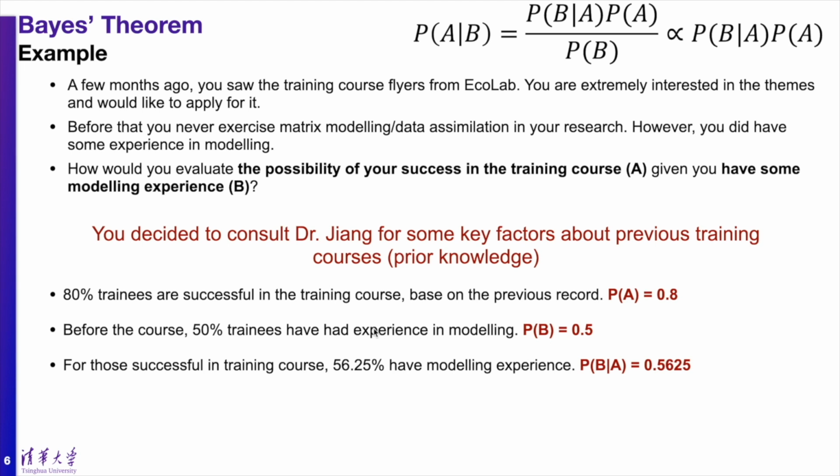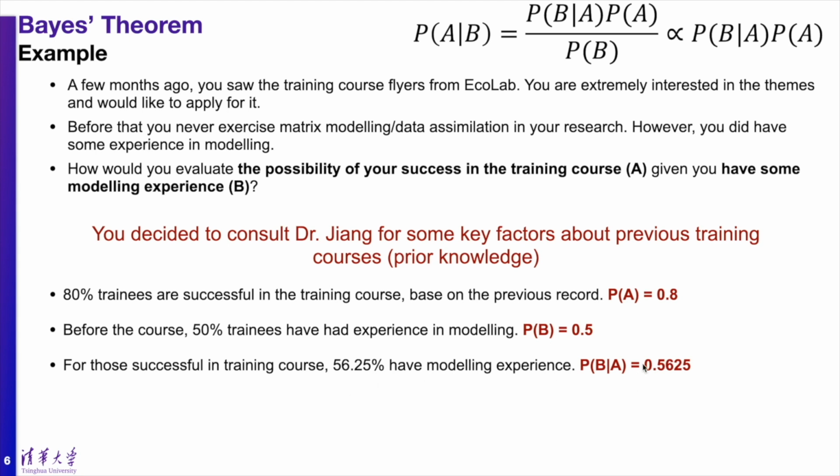Apart from the above information, Dr. Jiang may also tell you more details: for those who were successful in the training course, 56.25% of them had modeling experience before they got trained in our training course.